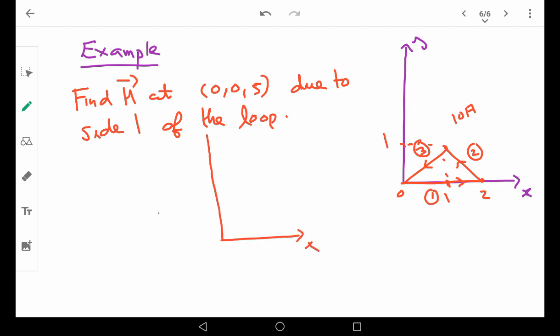You can draw the Z direction. You have the point (0, 0, 5) here, and this length, you know, rho equals 5, right?